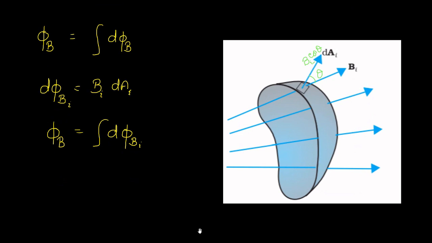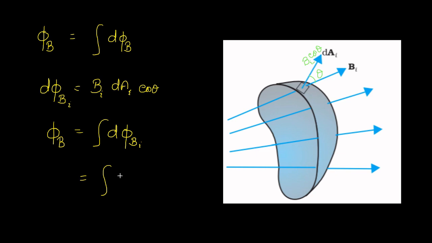This is equal to the integration of the component of magnetic field. Bi is the magnetic field which passes, but the component of magnetic field will be Bi cos theta, which is only contributing along the direction of area vector.